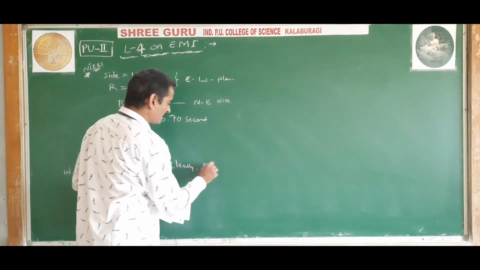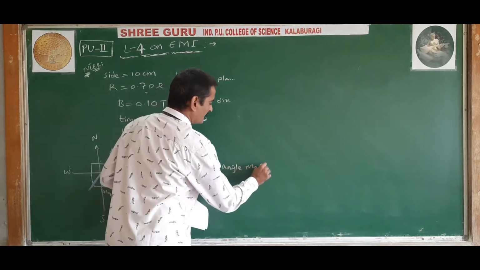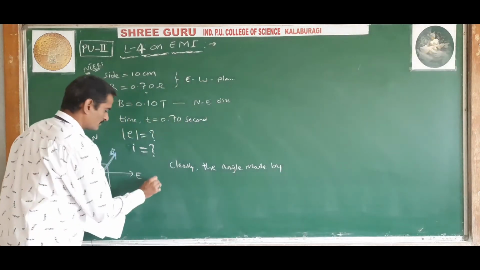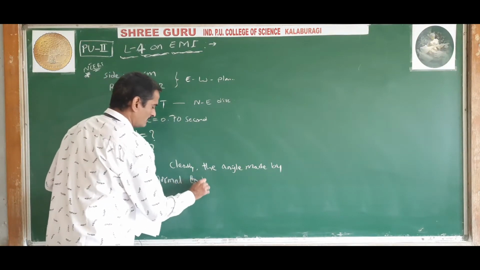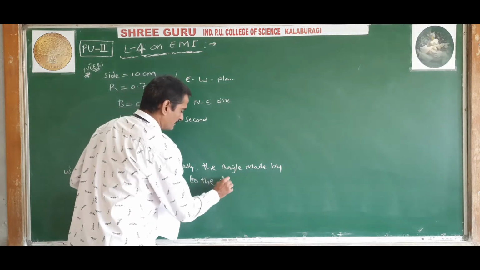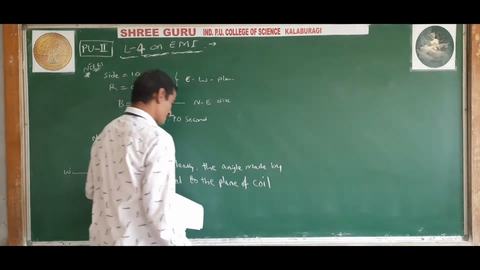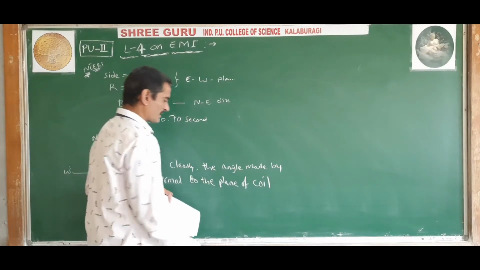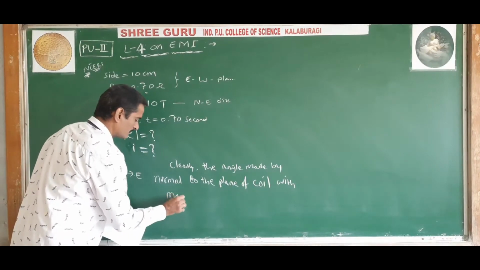Clearly, the angle made by the normal to the plane of the coil with the magnetic field is 45 degree.